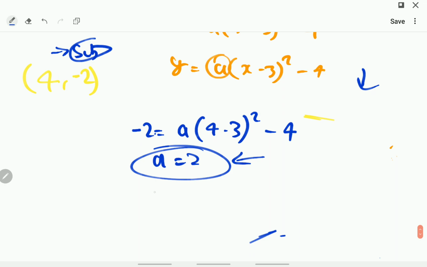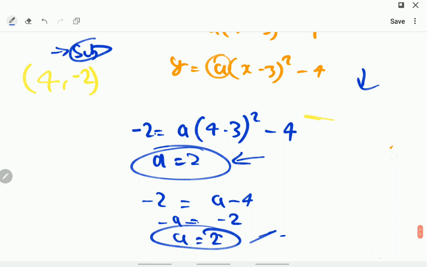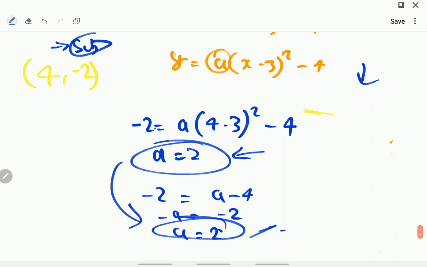Try doing the simplification yourself. So minus 2 is equal to a minus 4, and then a is equal to 2. Simple. Gotcha. a is equal to 2.